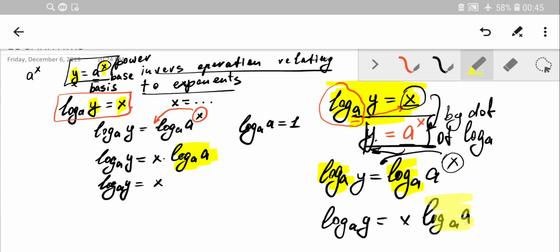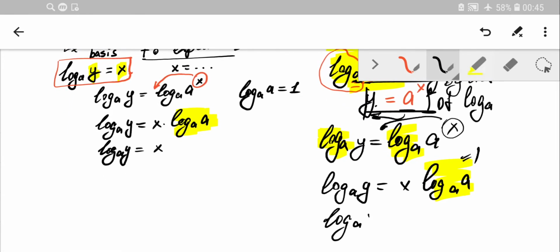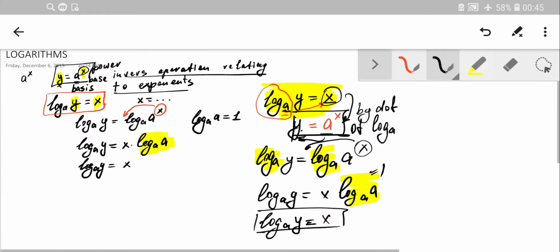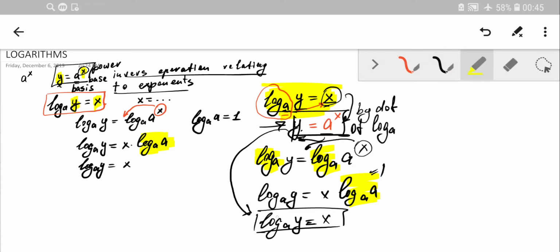So this part is simply 1. That's why you can easily come back to log with the base a of the number y, which is equal to x. So that process can go back and forth. From log a y equals x, you can get the exponent form, and from the exponent form you can get back to the logarithmic form.